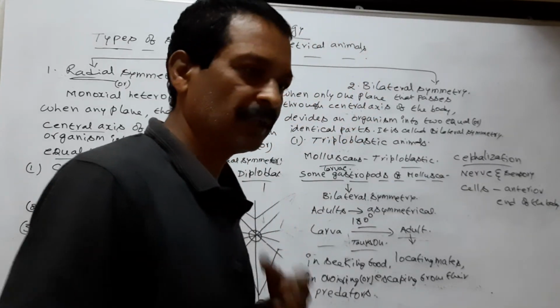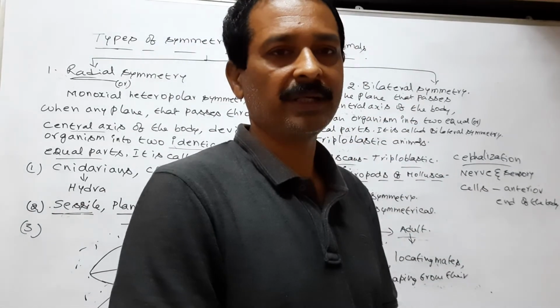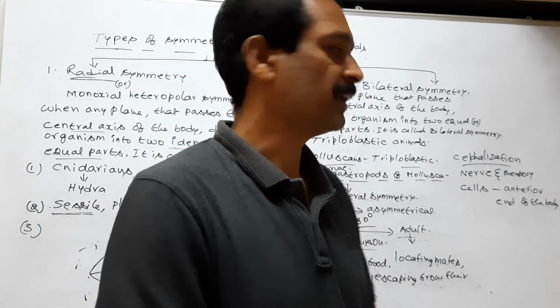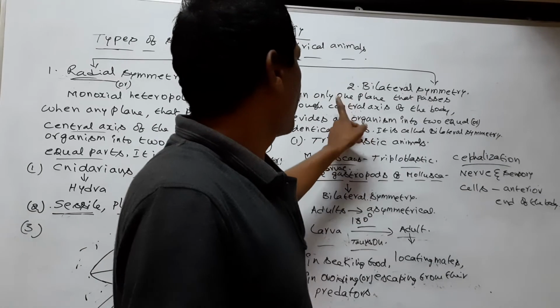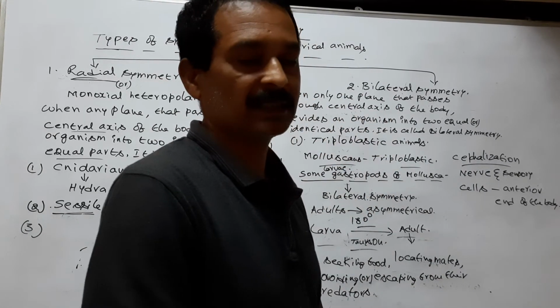For example, human beings also exhibit bilateral symmetry. We have only one central axis.